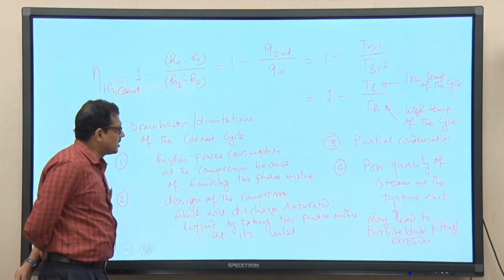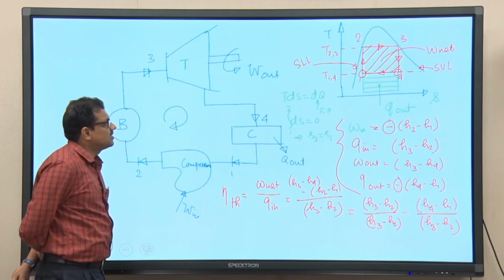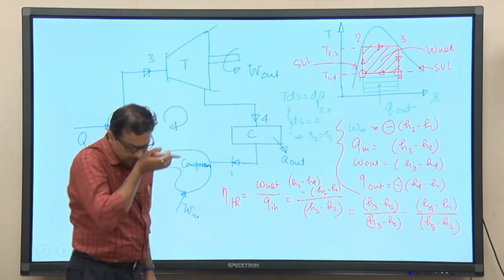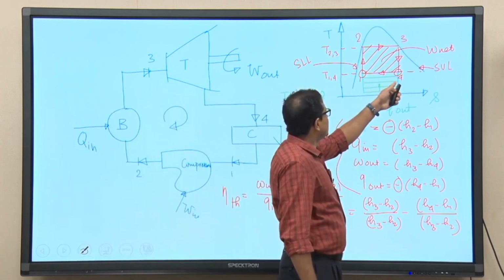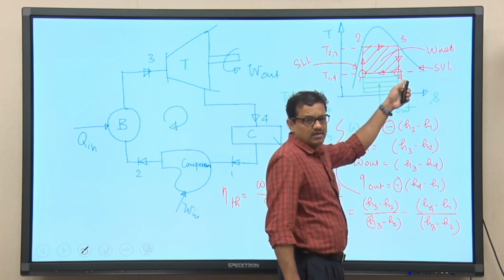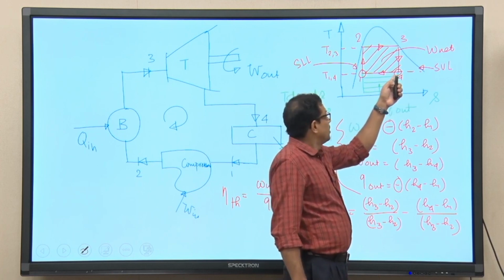If we now look at the TS diagram of this cycle, we can see that the quality of steam at point 4 is very poor.